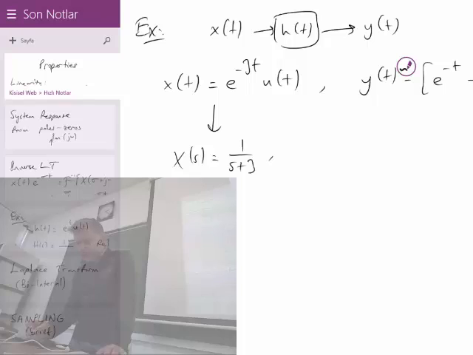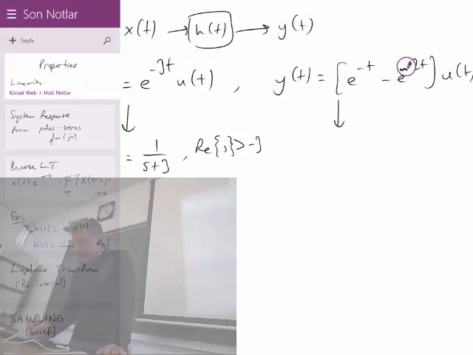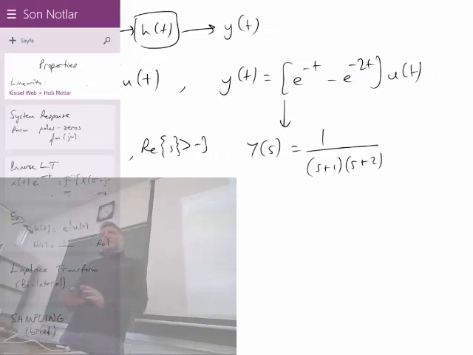It's even simpler to write, as you see, with a region of convergence, real part of s greater than minus 3. And this one will have capital Y of s to be equal to 1 over s plus 1, s plus 2.